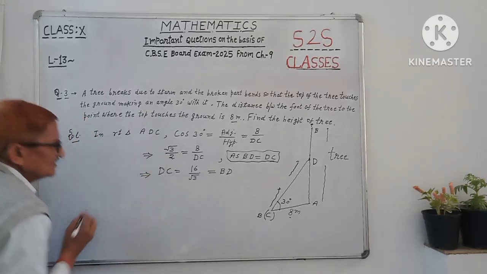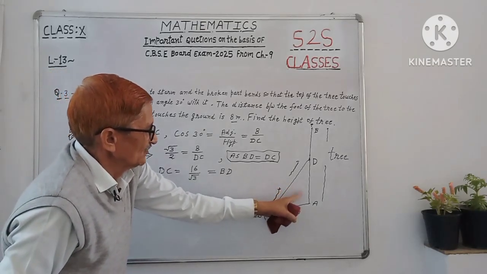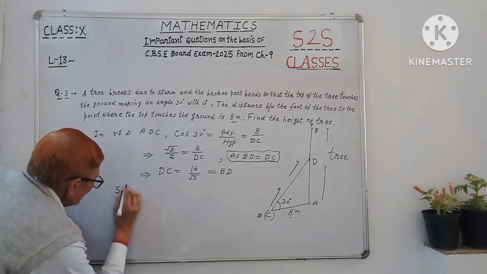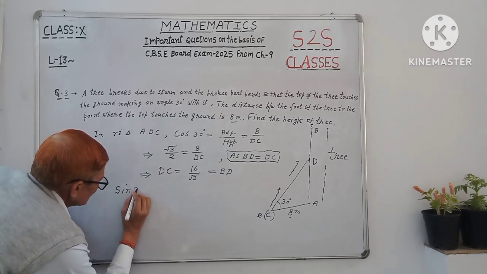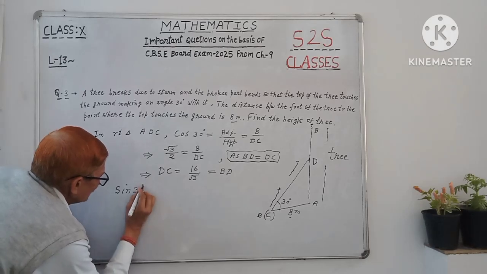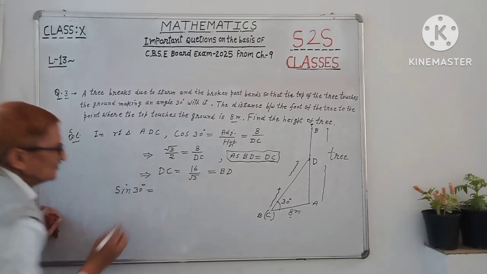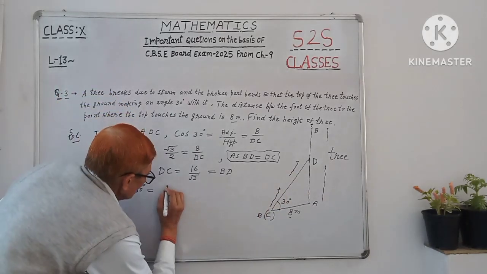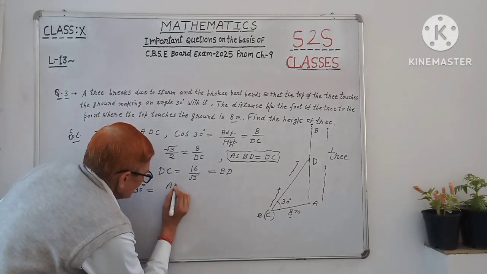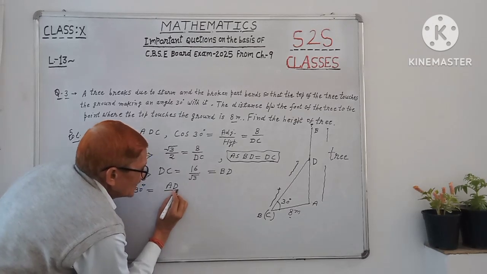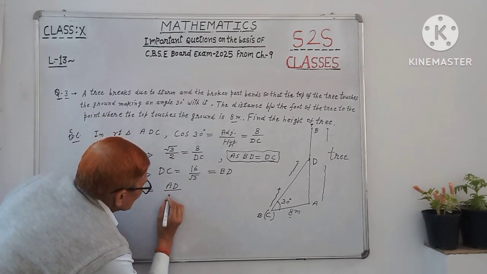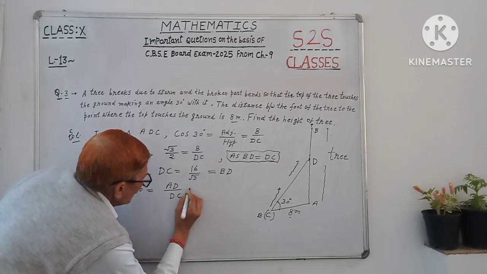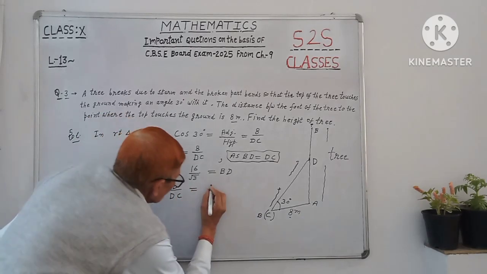Now you have to find AD. Now sine of, we can take sine 30 in the same triangle, is equal to opposite side AD upon hypotenuse, which is DC, and DC we got here, put here.